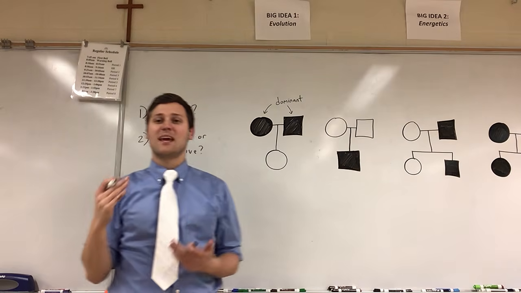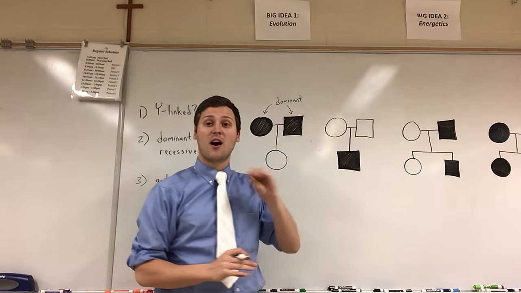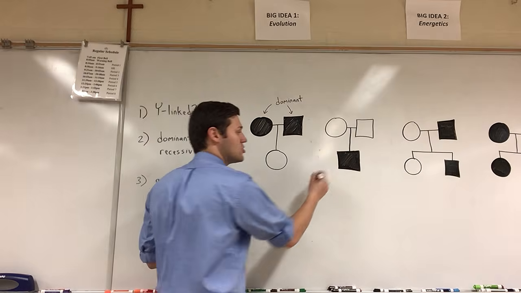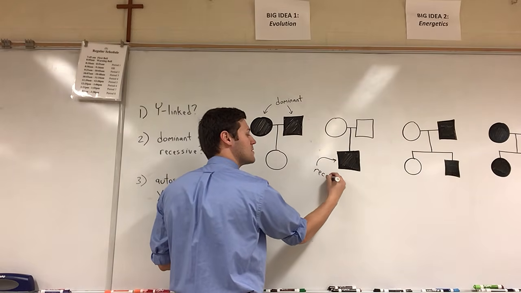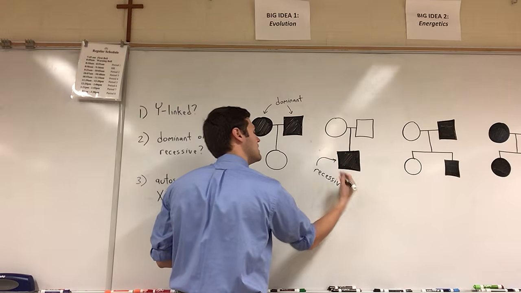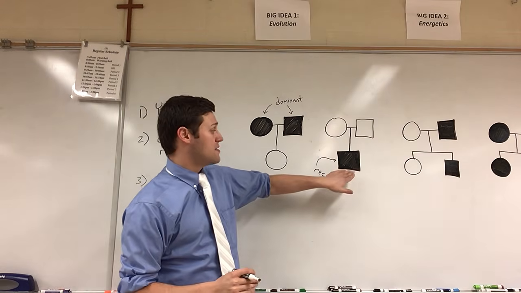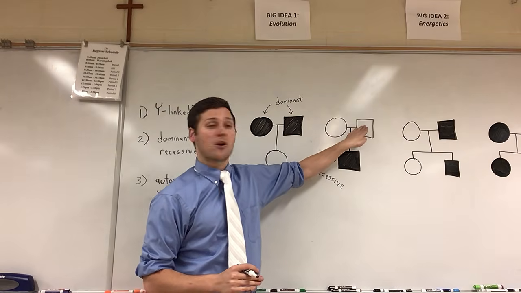Now, using that same logic, if you have two parents that are not shaded in, so they're unaffected, and you have a child that is affected, you know that the shaded in trait that you're looking at is recessive. And this is because, again, if this were the dominant trait, and these two did not have the dominant trait, that means they are recessive.